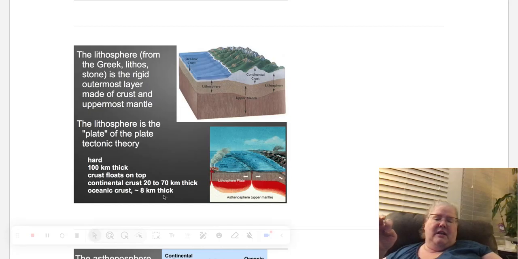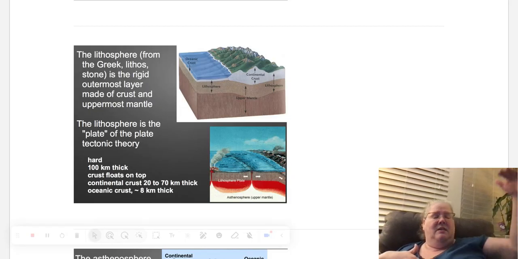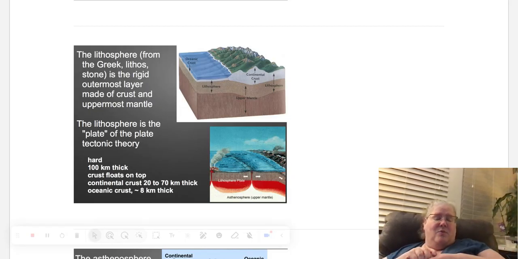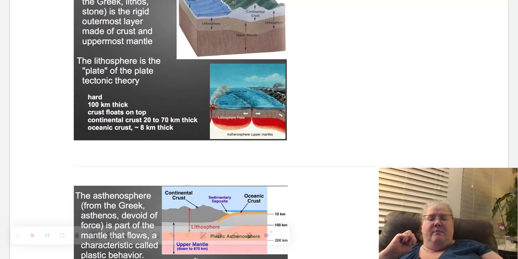At the ocean, you go down to 8 kilometers thick. It's really quite thin. Now think about it. At the bottom of the ocean, you've got all the pressure of the water that kind of cools it, but it also is just that much closer down compared to the continent that rises up out of the water, which can have a much greater depth before you're going to hit that mantle layer.